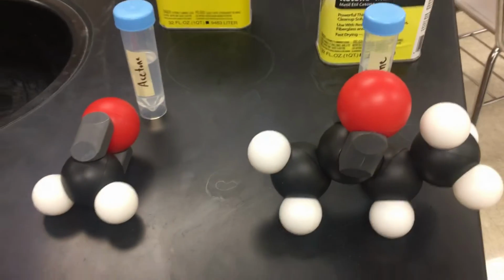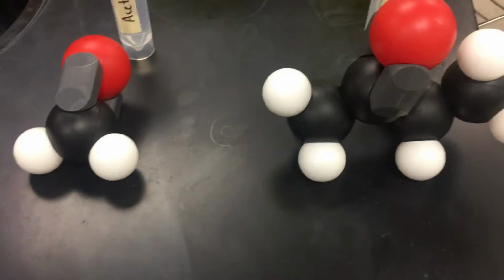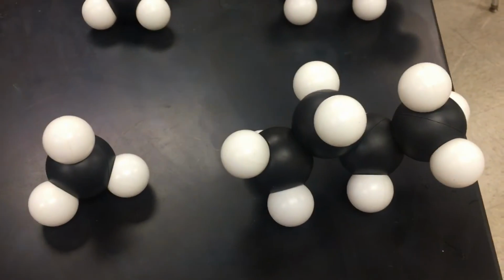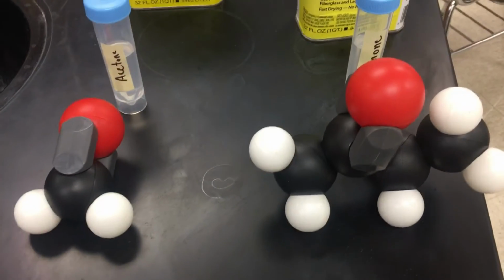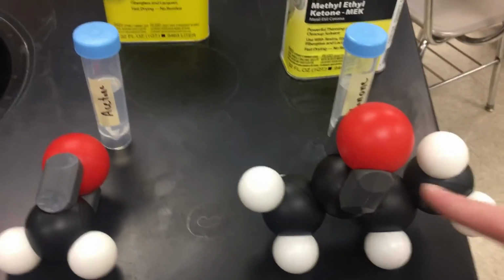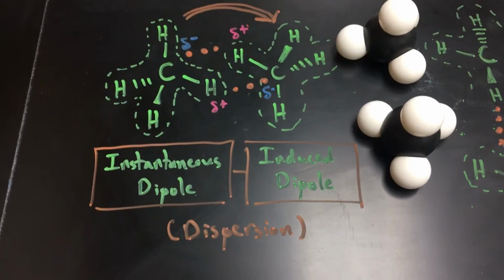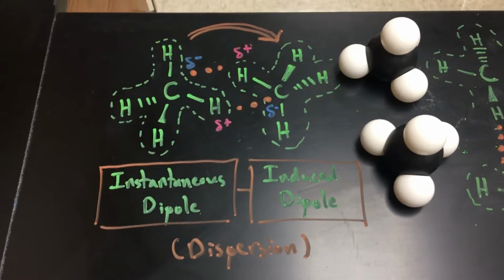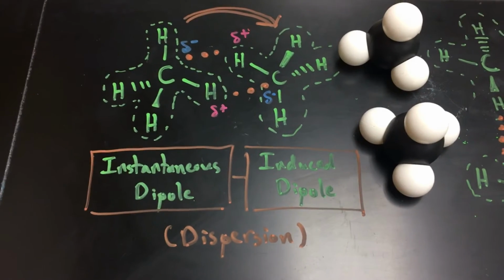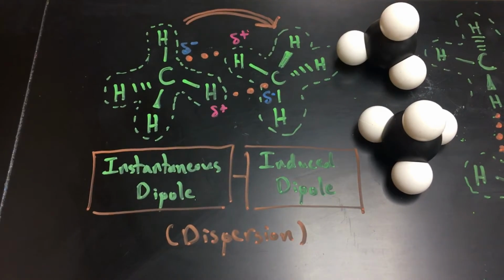These molecules hold together better than their oxygenless counterparts. So let's try and figure out why oxygen makes such a big difference here. Between two methane molecules, all we really have going for us is dispersion forces.